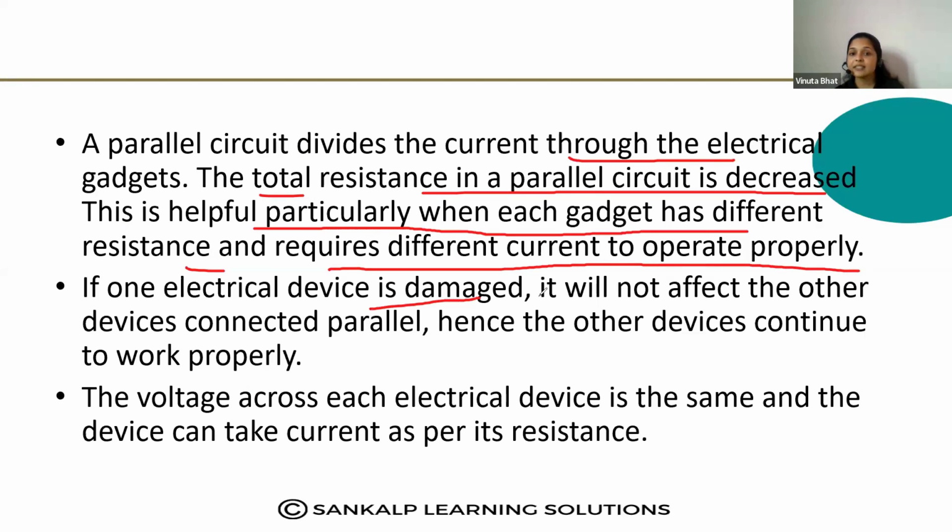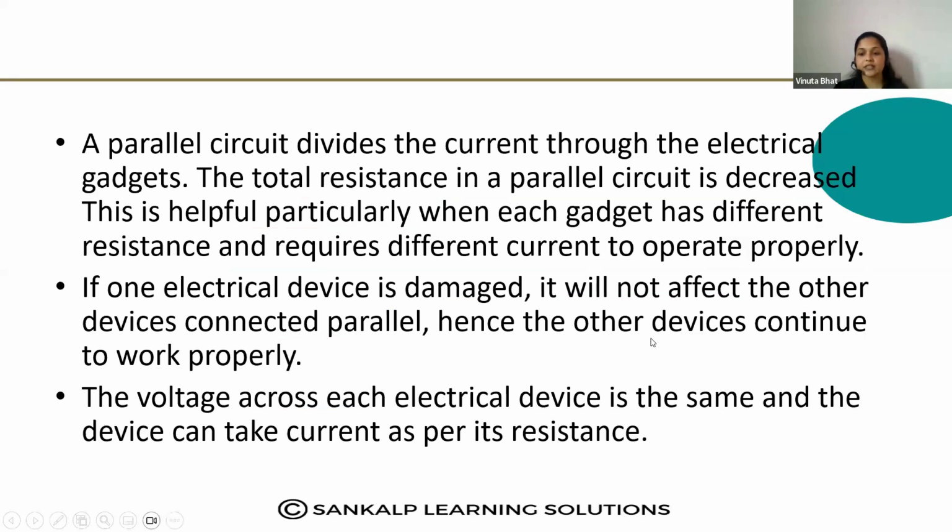If one electrical device is damaged, it will not affect the other devices connected in parallel. Hence the other devices continue to work properly, and the voltage across each device is the same and the device can take the current as per its resistance. So it divides the electric current as per its resistance. So that is one use.